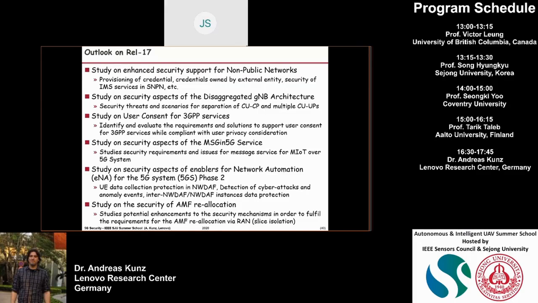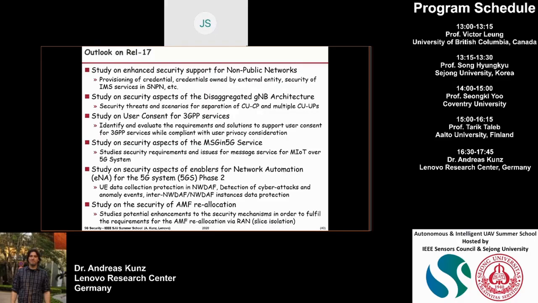Then we have the security aspects of the disaggregated gNodeB architecture. This is looking at the threats and scenarios when you separate the CU-CP and you have multiple CU-UPs, and if they belong potentially in different security domains or are owned by different parties.